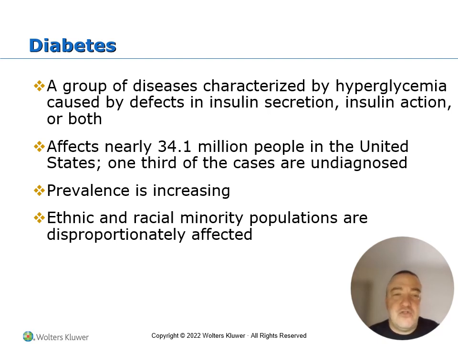So I want to draw attention to that last bullet, okay? Why would ethnic and racial minorities be disproportionately affected? Well, this comes down to the fact that diabetes is directly related to the amount of obesity in today's society.